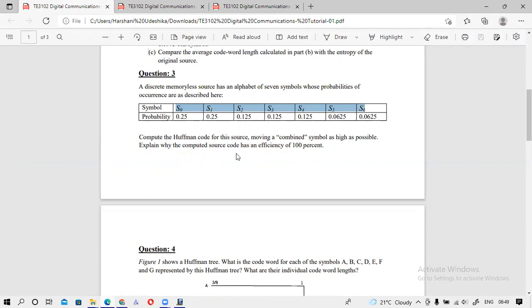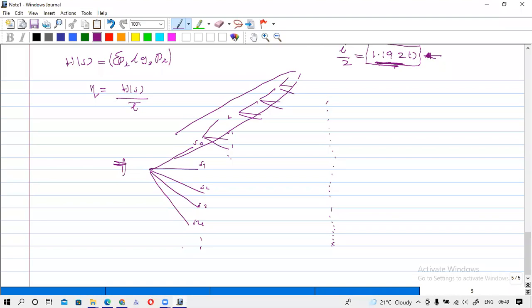Here you will have different combinations. You will have one combination like S0, S1, S2, S3 up to S6. Again, you will have S1, S0, S2 up to S6. You will have S2, S1, S0 up to S6. Likewise, you will get several combinations.